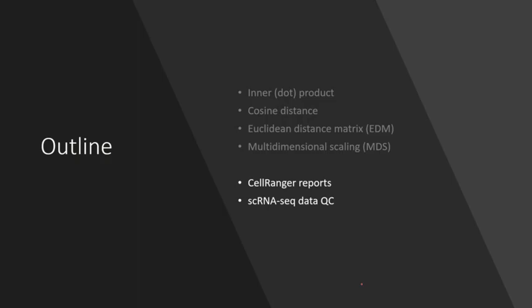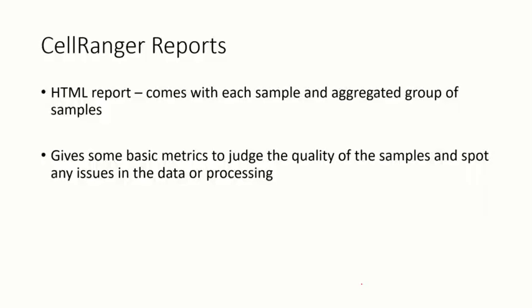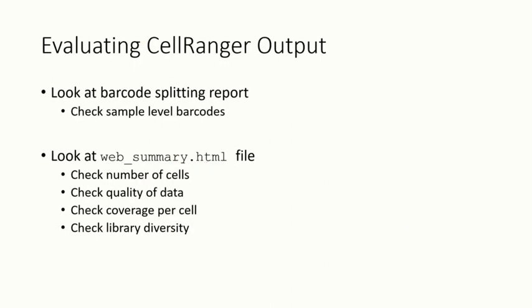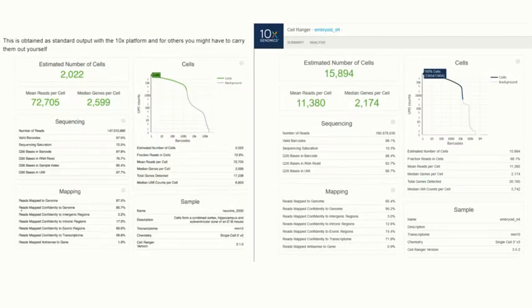Okay. Yes, Cell Ranger's report. As you said, you already know Cell Ranger generated this HTML report and gave you very basic metrics to judge the quality. You want to check the number of cells, coverage, saturation, those values.